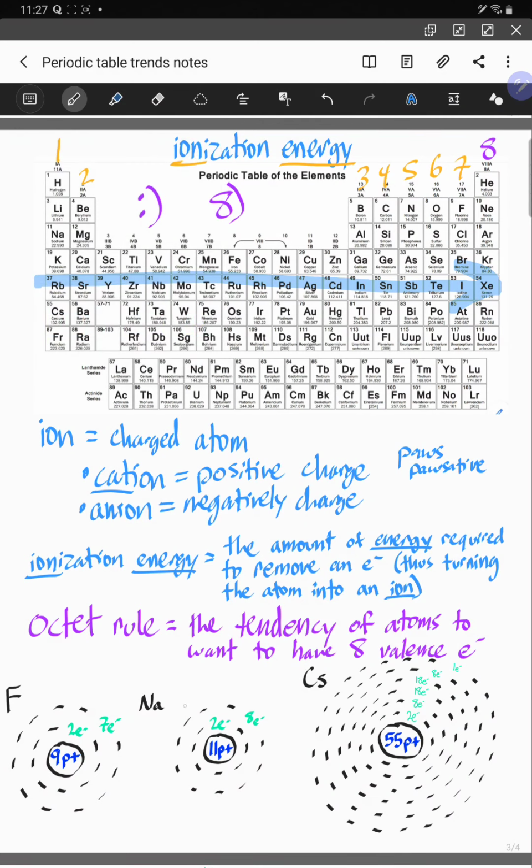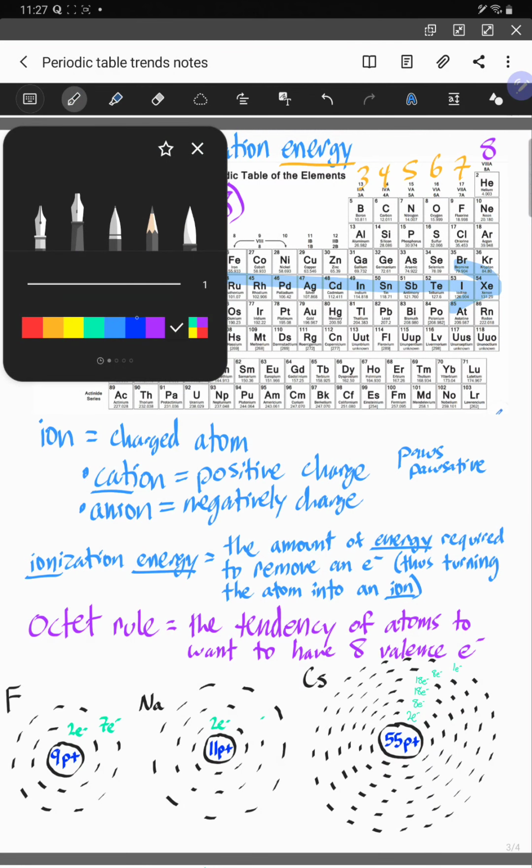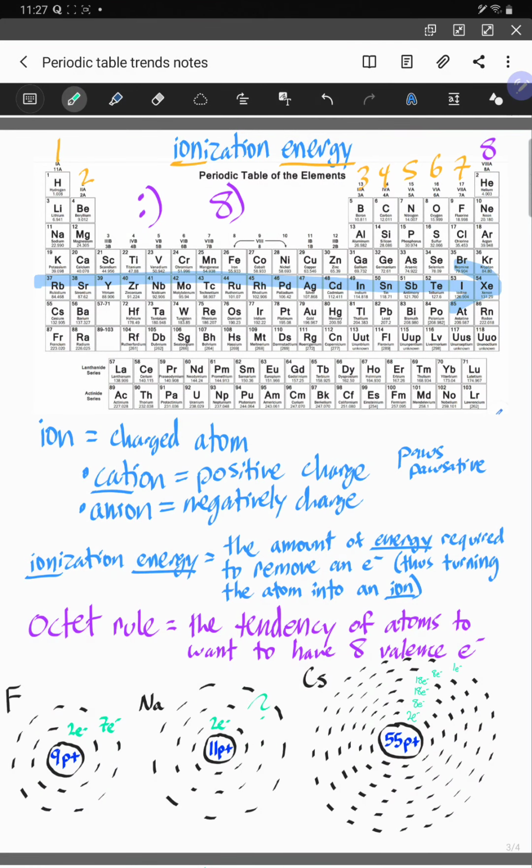So give me 1 second. All right, so sodium, it's still going to have 8 electrons there. It'll just have 1 electron here, though. So sodium's back to 11 electrons, and we've got an uncharged sodium there.